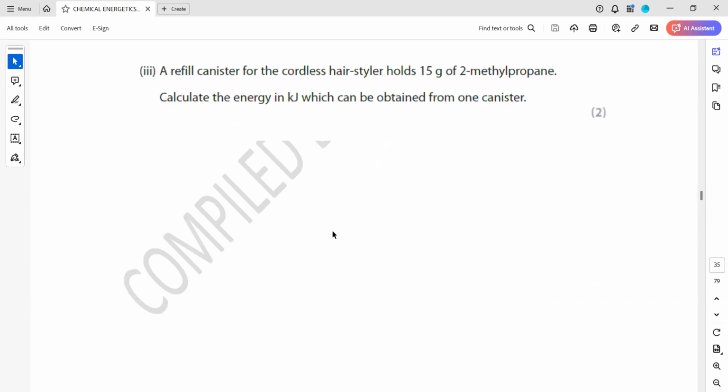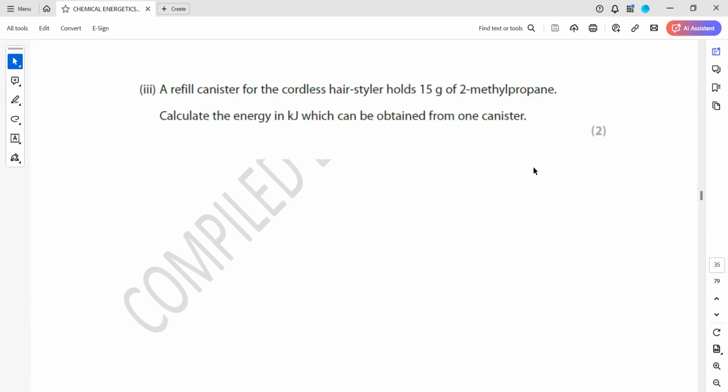Refill canister for cordless hairstyle hold, 15 grams. Calculate the energy in kilojoule which can be obtained from one canister. So how can we work it out? We have the enthalpy change here for one mole.